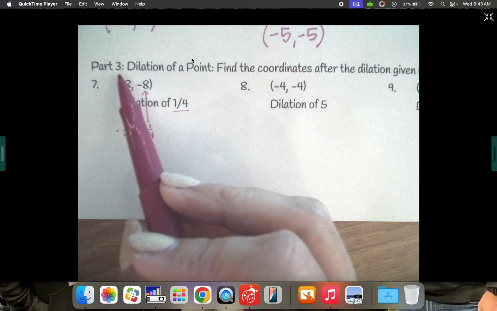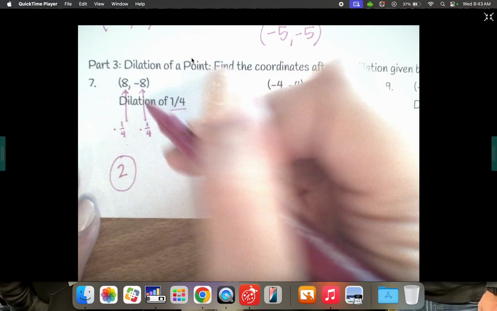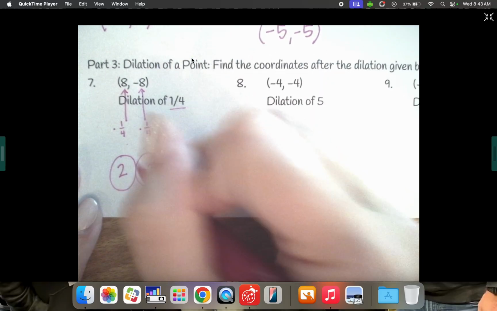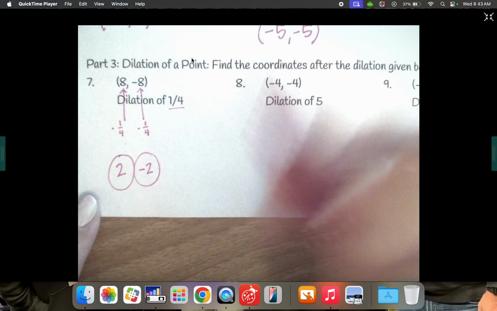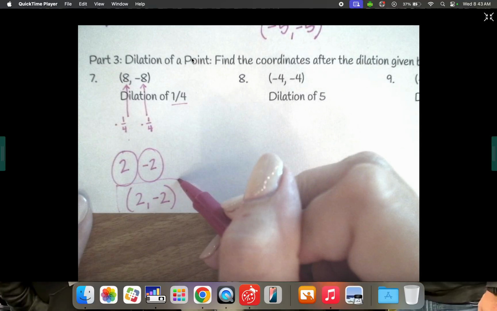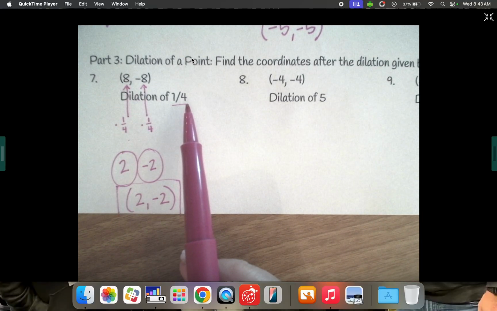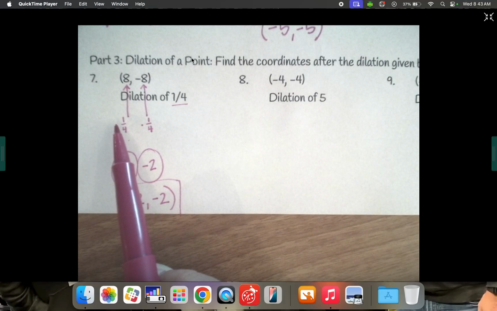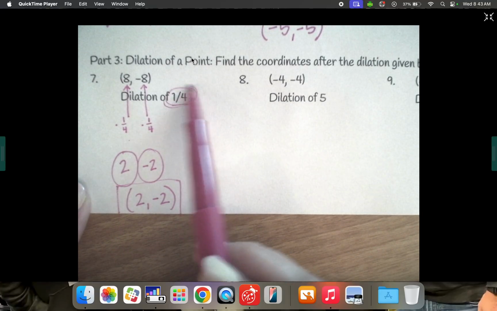So 8 divided by 4 is 2. -8 divided by 4 is -2. And I believe it wants it as a coordinate point. So the coordinate point is 2, -2. I should have written it like that. And again, all I did was divide by 4, since it was shrinking it, or multiply by 1/4, which is the same thing. You can just multiply every time by the scale factor.